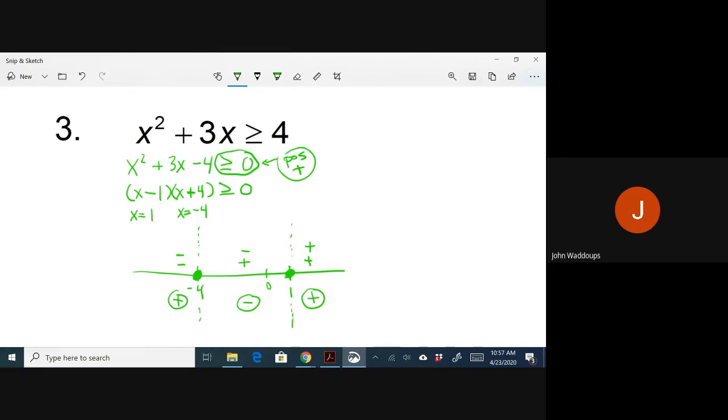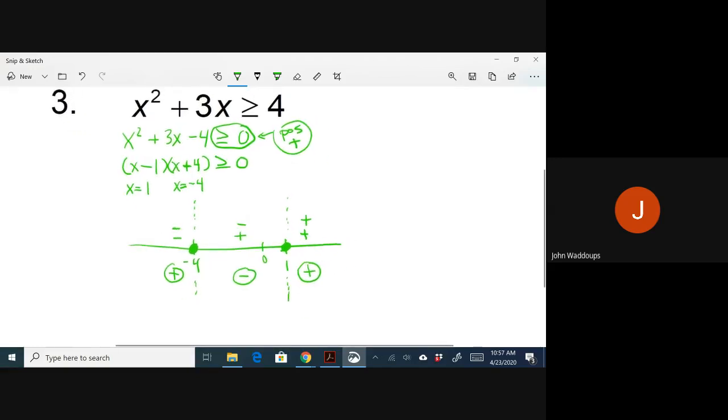So our solution set for this would be this interval here where it's positive and this one over here where it's positive. And so we can show that by shading off to the left here and shading off to the right here.